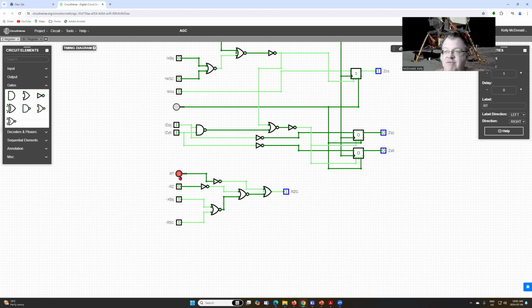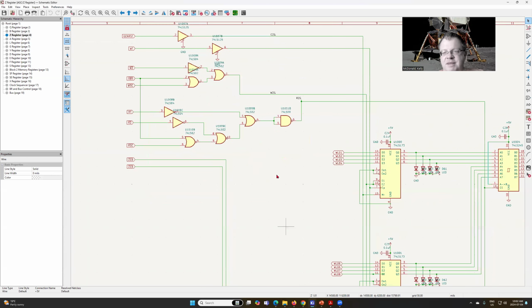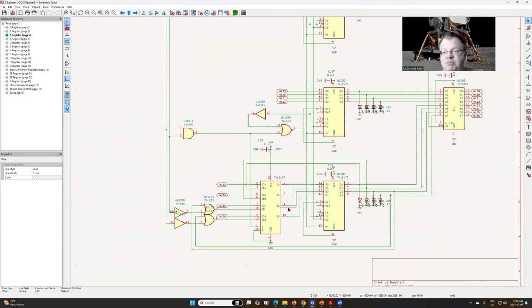Now, if that were everything, if the Z register were just a simple in and out bus, that would be it. But we have those two Z15 and Z16 signals. So going back to our schematic, here they are down here. And then we've had to add a little bit of additional logic down here to support loading that data in.